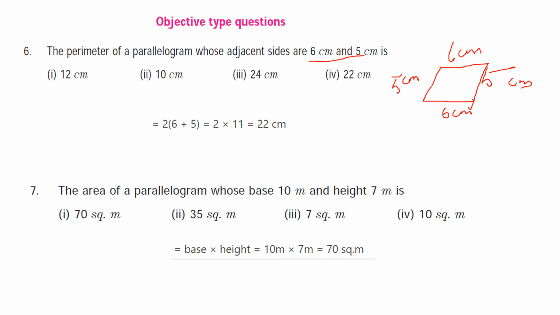So the sum of all sides: 6 plus 5 is 11, 11 plus 6 is 17, 17 plus 5 is 22. 22 is the answer. Otherwise you write it as 2 into bracket of 6 plus 5. So 6 plus 5 is 11. So 2 into 11, 22 centimeter. You can do it by both methods.